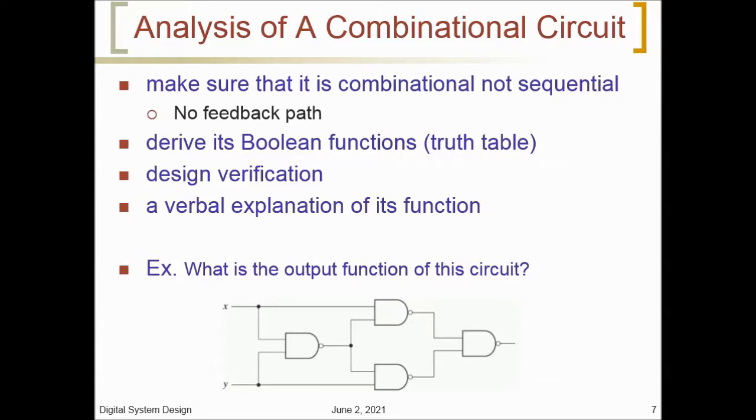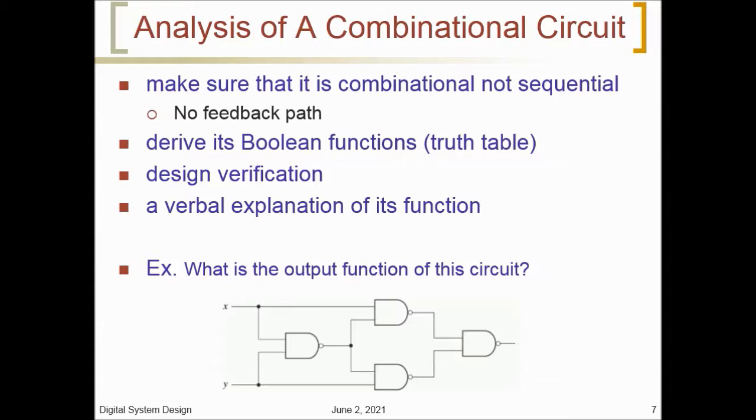Once the logic diagram is verified to be that of a combinational circuit, one can proceed to obtain the output Boolean functions or the truth table if the function of the circuit is under investigation. Then it is necessary to interpret the operation of the circuit from the derived Boolean functions or truth table.